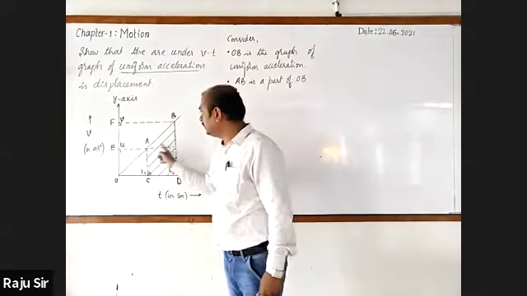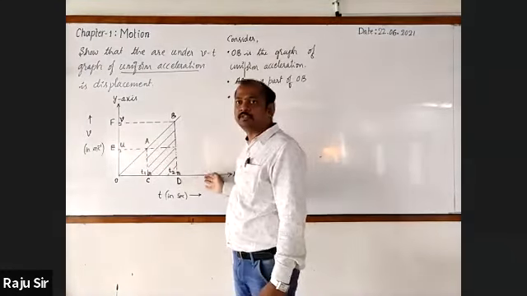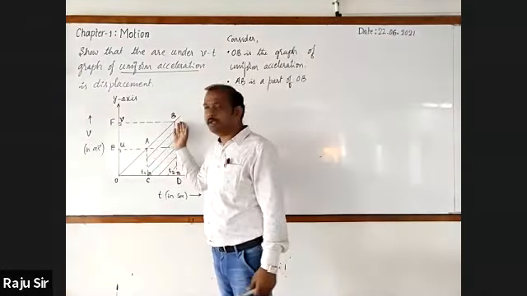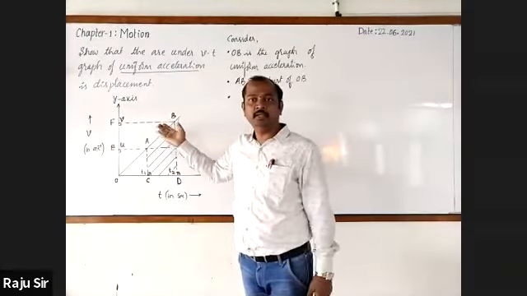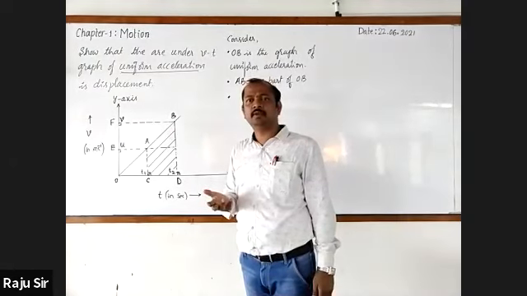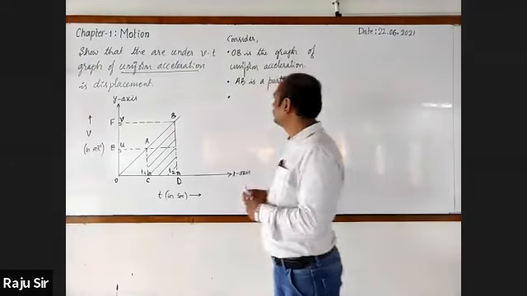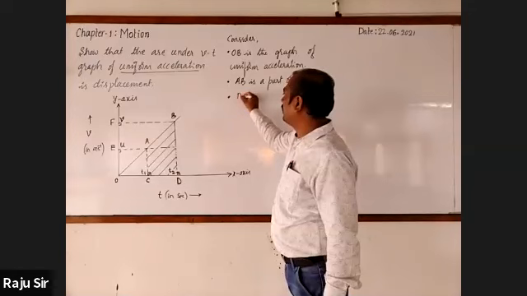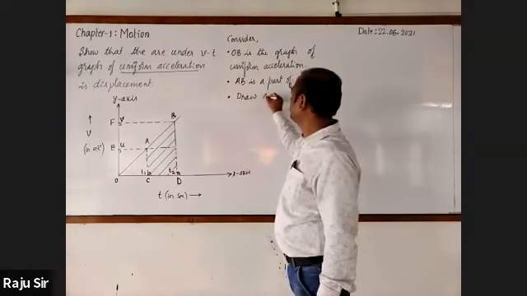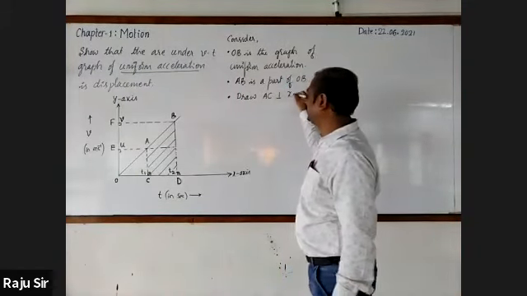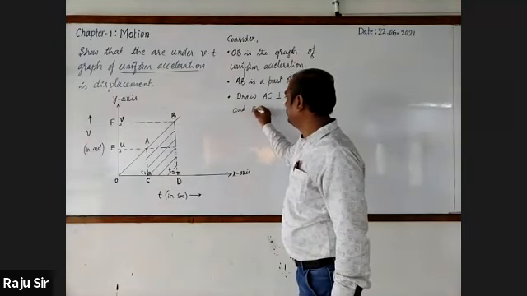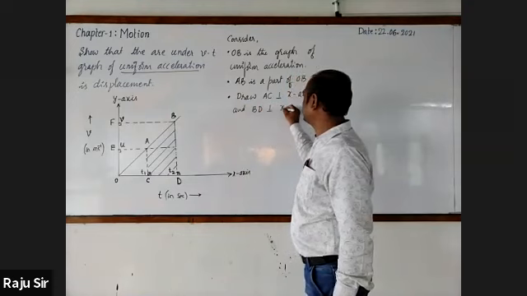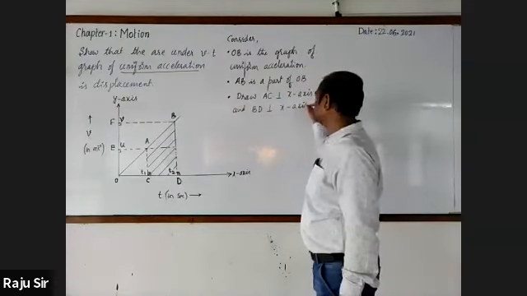And EA is the line parallel to x-axis through A. And FB is the line parallel to x-axis through B. Is it not such a simple one? Right. Draw AC perpendicular to x-axis and BD perpendicular to x-axis.